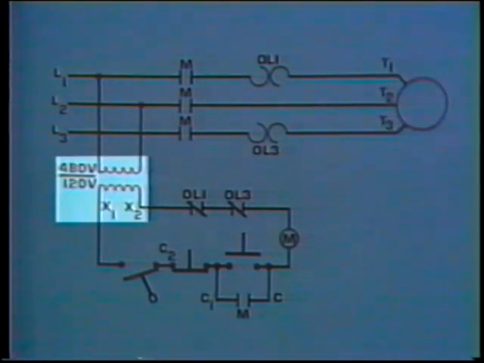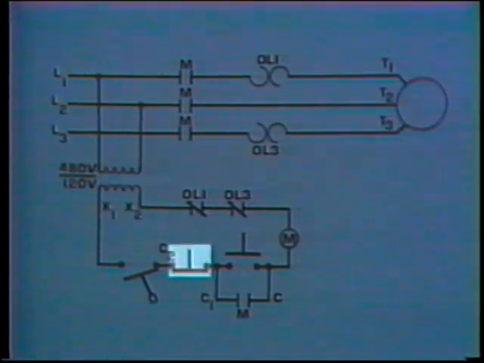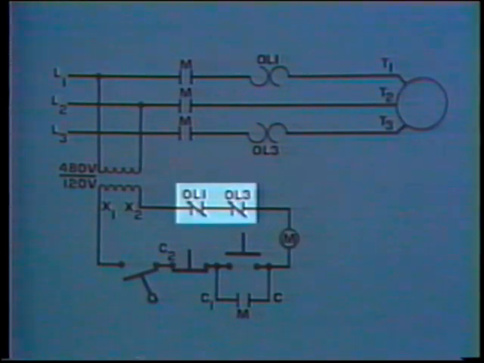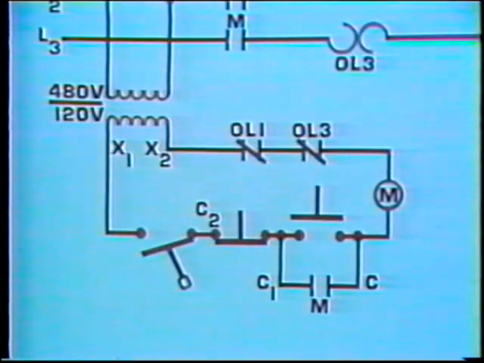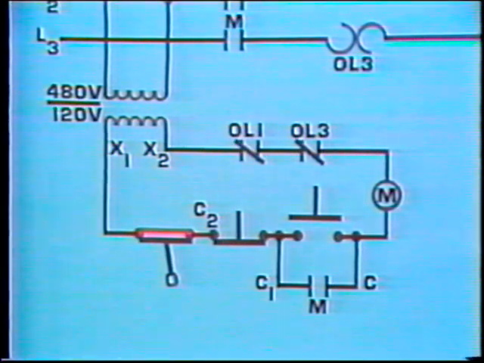The control circuit is supplied by a transformer, and the control circuit contains a stop button, a start button, a maintaining contact, the magnetic contactor's operating coil, and overload contacts labeled OL1 and OL3. Normally, when the level in the sump is high, the float switch is closed, making a complete circuit from the electrical power supply to the master switch.